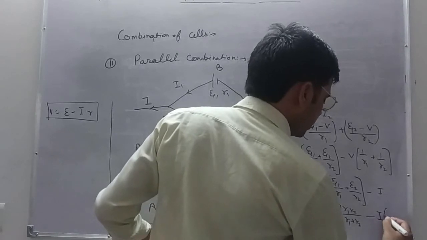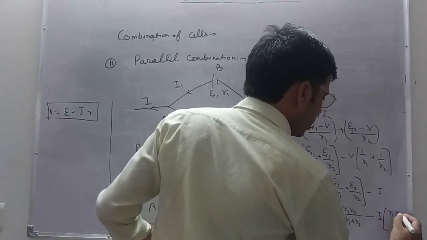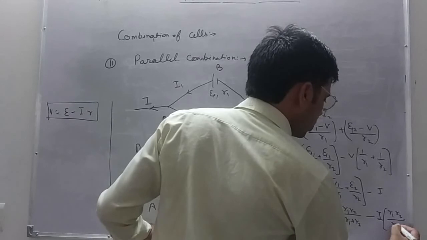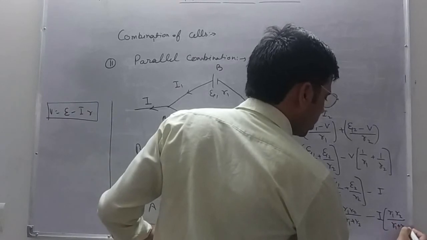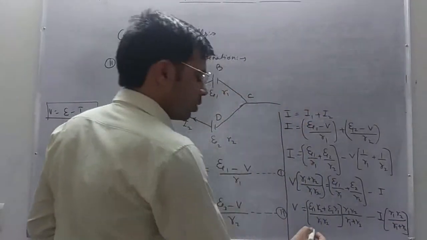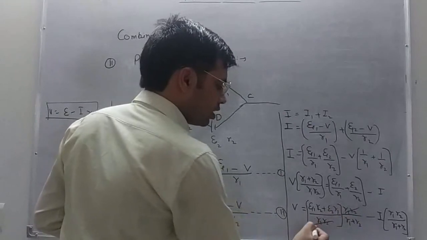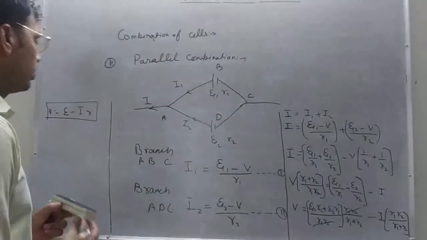This is I into R1 R2 upon R1 plus R2. Here you can see in the numerator and the denominator terms are the same.